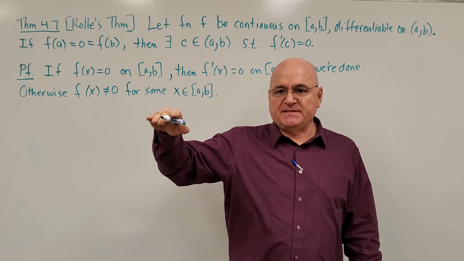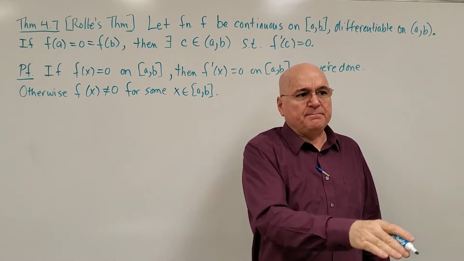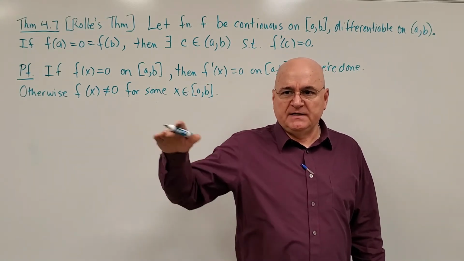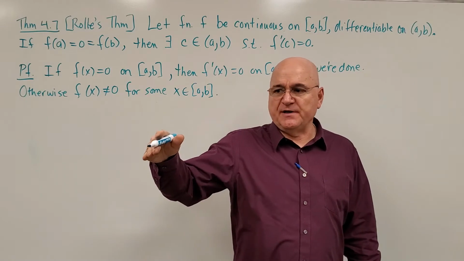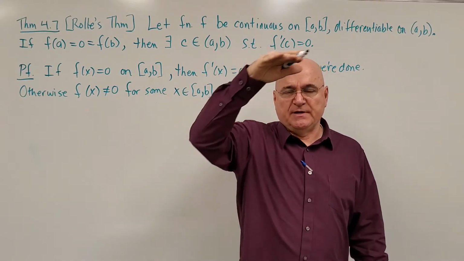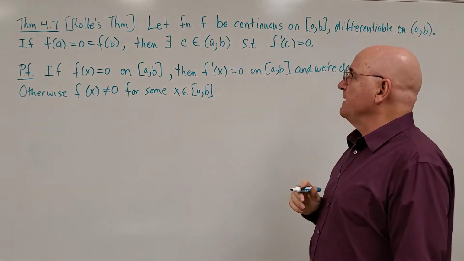If you start off at 0, go downward and then come back up to 0, you're going to have at least one relative minimum. If you go above the x-axis, starting at 0, go up and then back down to the x-axis, you're going to have at least one relative maximum. And that's what Rolle's theorem says.